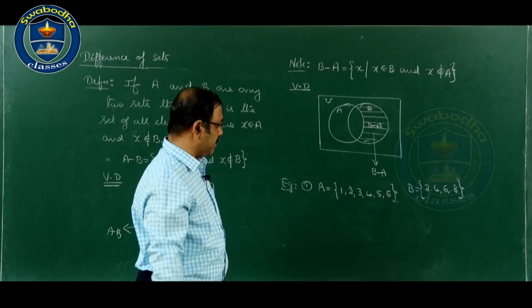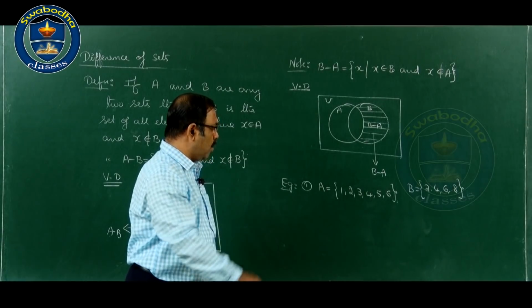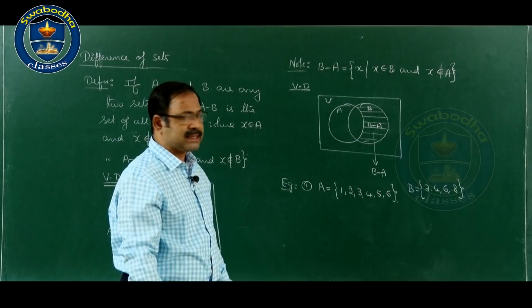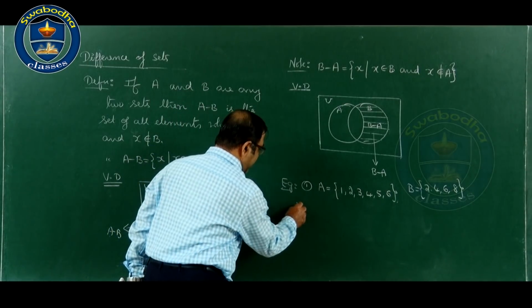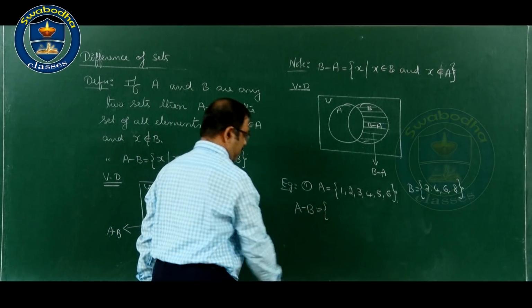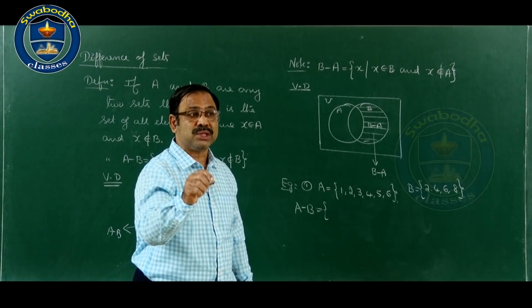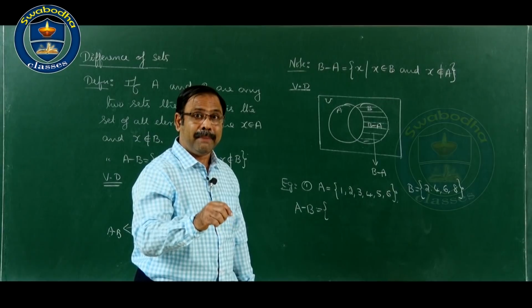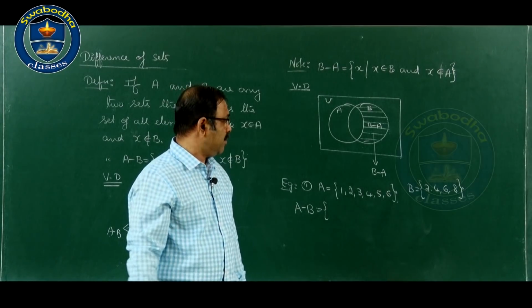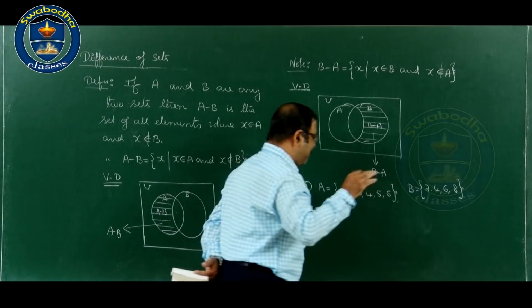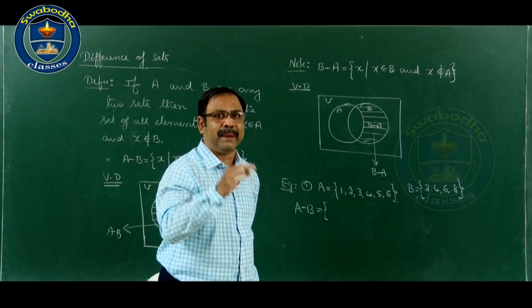Take this example. What is A? 1, 2, 3, 4, 5, 6 and B is 2, 4, 6, 8. So, let us write what is A minus B. All those elements which are present in A but do not belong to B. They are not present in B. Here, first it is better to identify common elements.